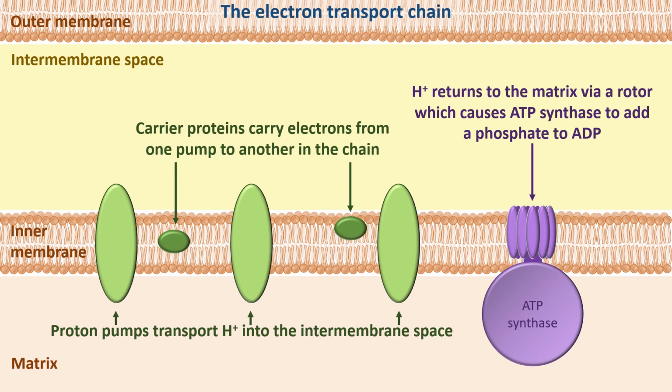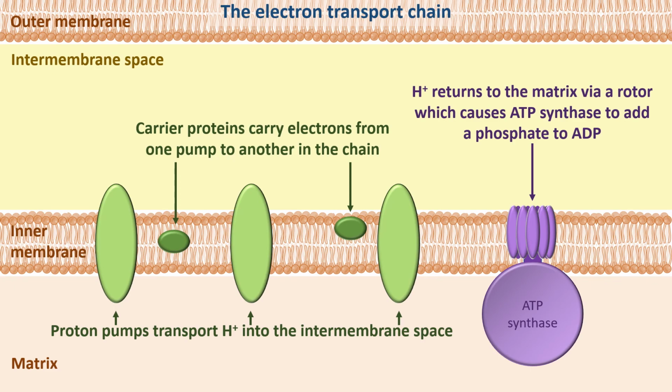Synthase, of course, means it's an enzyme because it ends in -ase. Synth, clues in the name, it synthesizes ATP. The rotor activates ATP synthase. ATP synthase then adds a phosphate to ADP. It phosphorylates ADP, which of course is going to give us ATP.